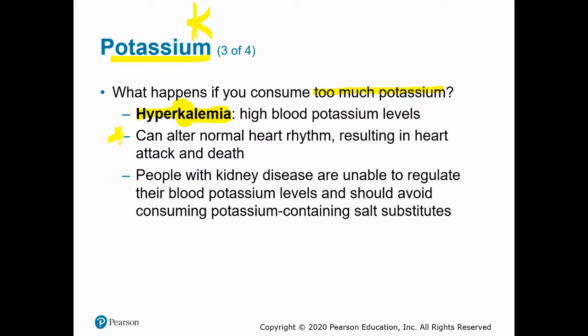This can be dangerous because it can affect heart rhythms and can result in heart attack and death. So hyperkalemia, too much potassium, can lead to arrhythmias or abnormal heart rhythms.